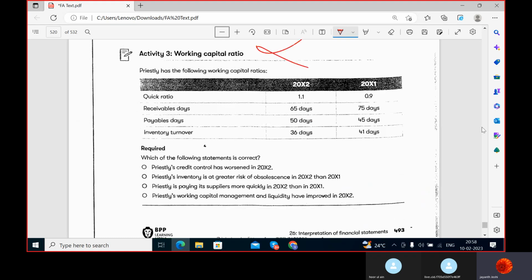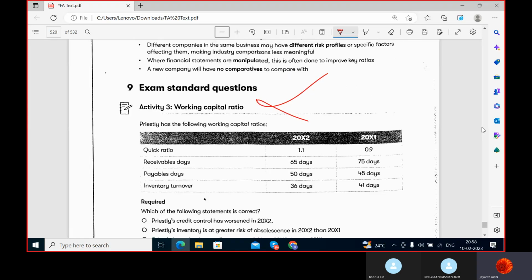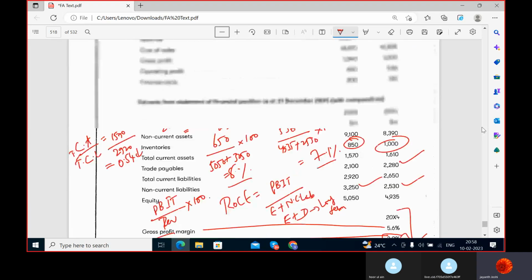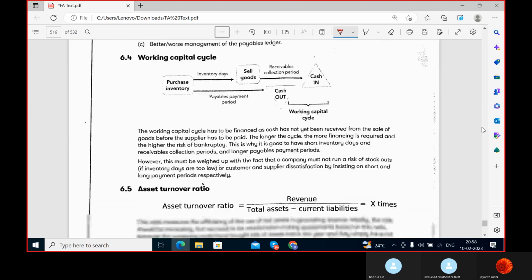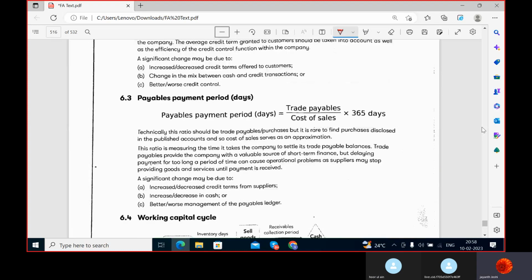Working capital. What's the formula for working capital ratio? I'll give you the formula. You write it down, I'm dictating it, and you calculate and do the homework.